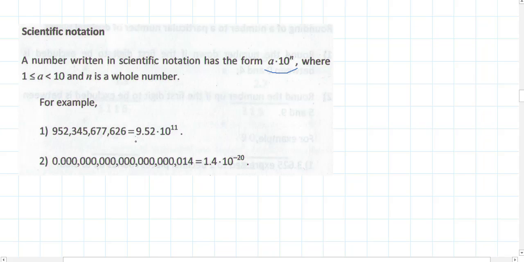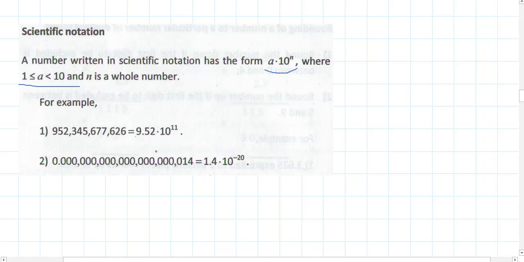this number here, how many figures do we have? 1, 2, 3, 4, 5, 6, 7, 8, 9, 10, 11, 12. So we have 12 significant figures here, and we want to write it with scientific notation, in the form a times 10 to the power n. So a should be from 1 to 10.